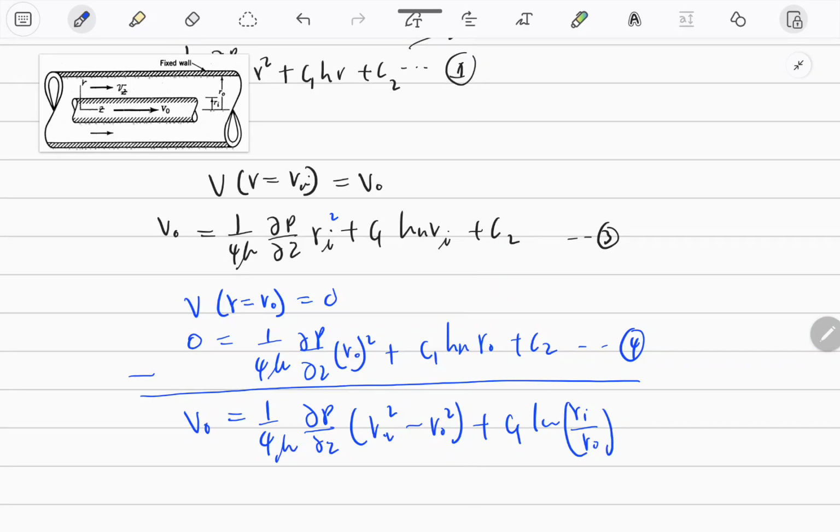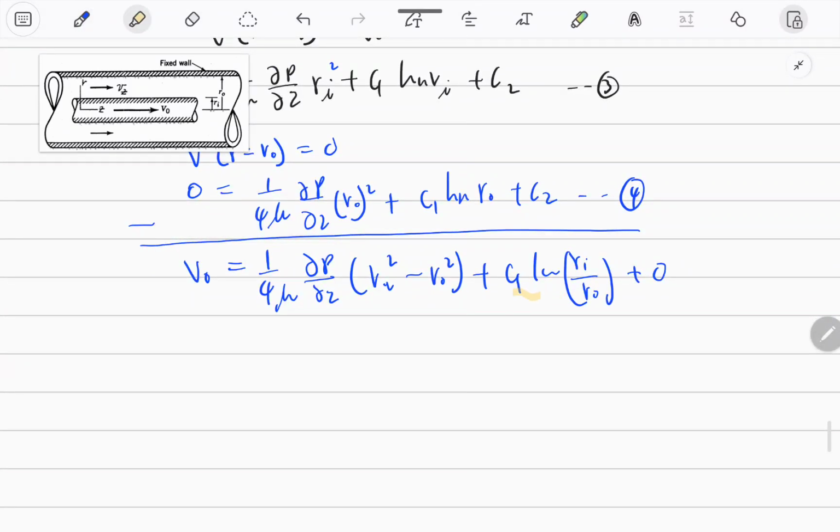The C2 terms are the same, so subtracting them leaves nothing. From here we want to find C1 and C2, so it looks like something we can actually achieve.